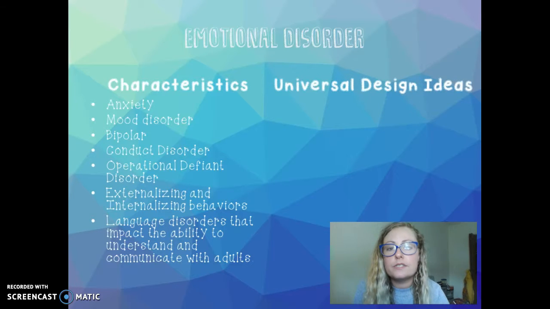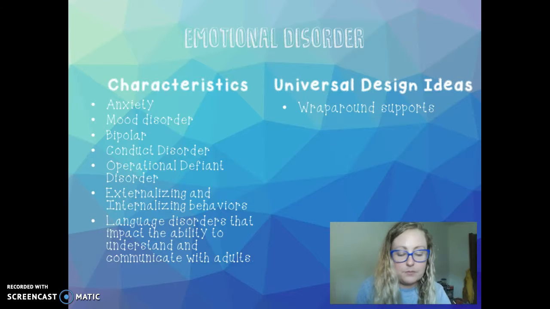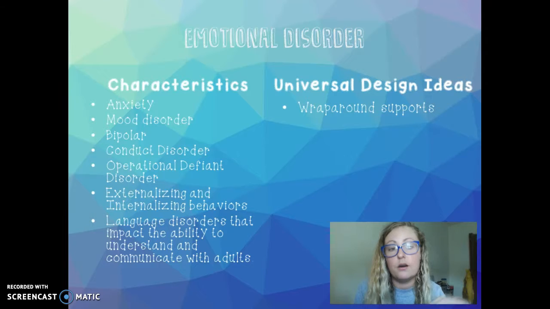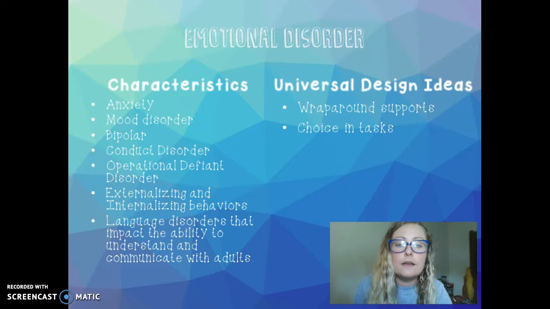So some universal design ideas for emotional disorder are wraparound supports. So you're meeting with the school psychologist, the school counselor, the principal, the parents, the speech pathologist, the special education team. All of those people are meeting together to collaborate on how they're going to support the student at school.